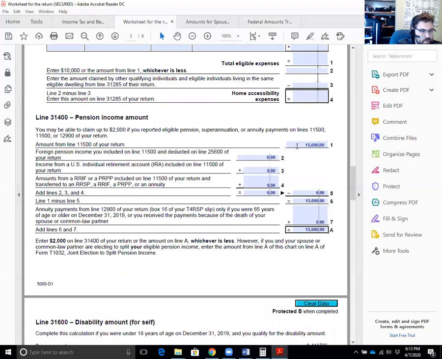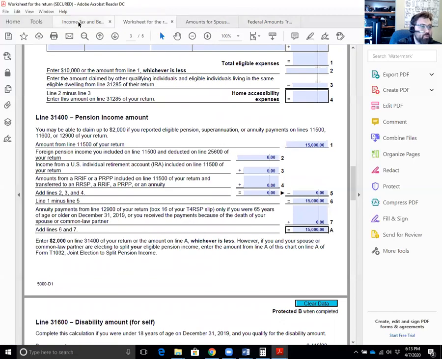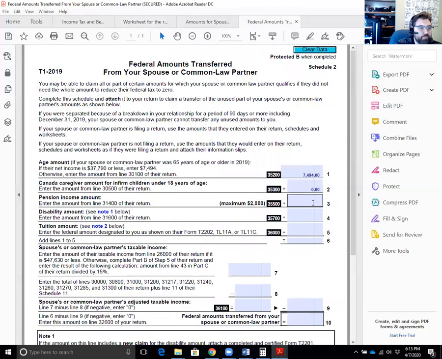So her pension income is, let's go back to the question, 3,000 in pension income. So we're going to be using the maximum of 2,000. Just a quick journey back to that worksheet to remind us what that is.